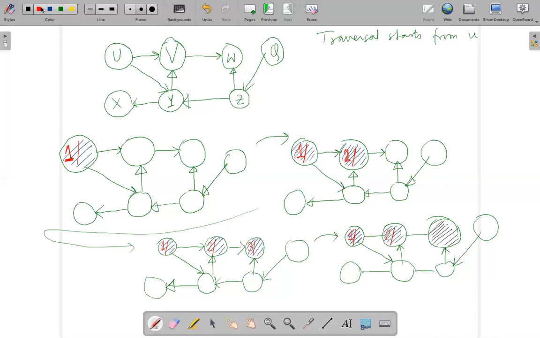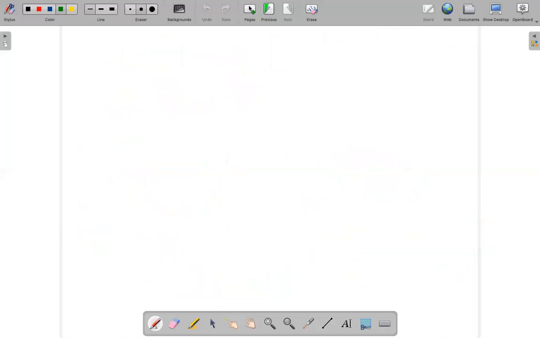Okay, and now along with the start time of W, we can also assign the finish time of W. Okay, and we come back to V. Now again, from V, we have no other edges to explore. Therefore, in the next step, the state of the graph will be as follows.